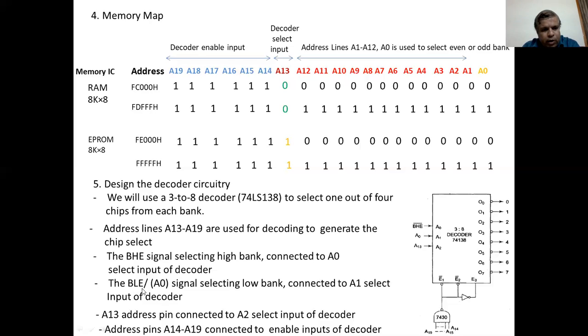The bus low enable, or A0 address bit, selects the low bank, connected to the A1 select input of the decoder. The A0 address bit of the microprocessor is connected to the A1 input of the decoder. And the A13 address pin is connected to the A2 select input of the decoder.